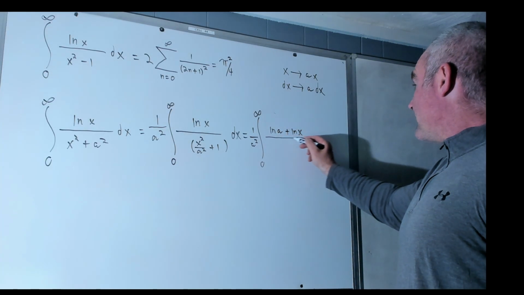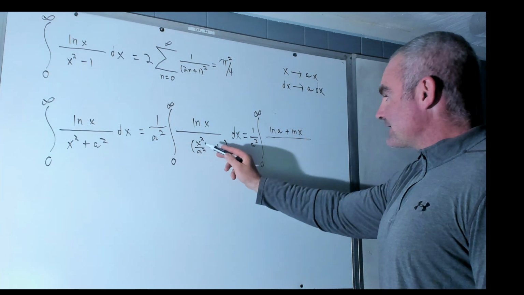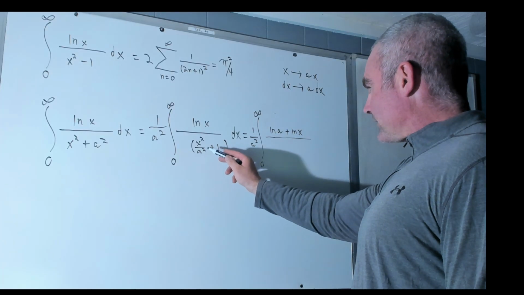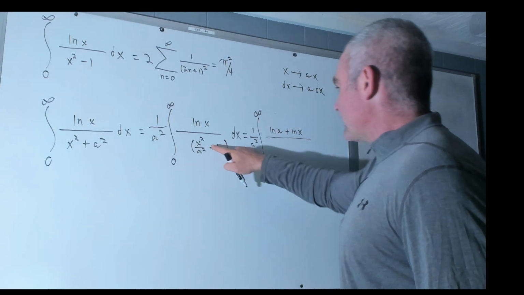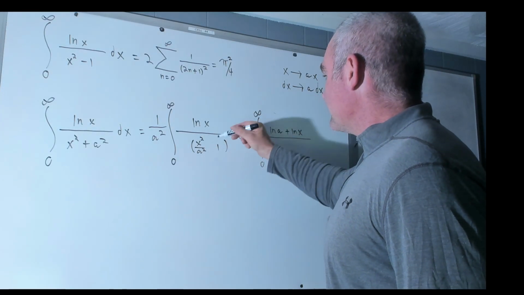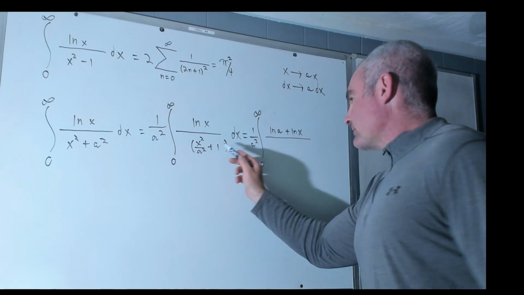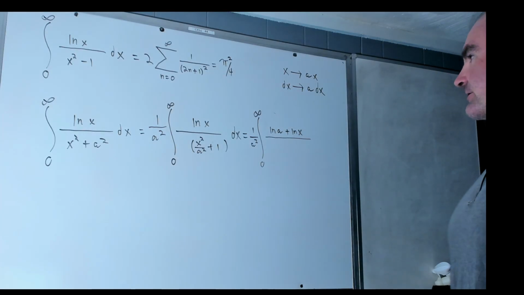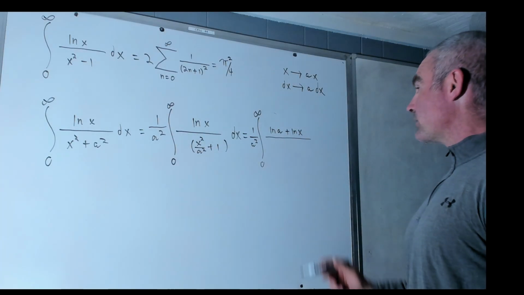Over, if x went to ax, then we'd have a squared times x squared over a squared, so we're just going to have x squared. Oh, look at that. Yes, that's a plus. I actually thought I made a mistake with that plus. I thought it was supposed to be a minus because we had a minus up there, but it's actually supposed to be a plus.